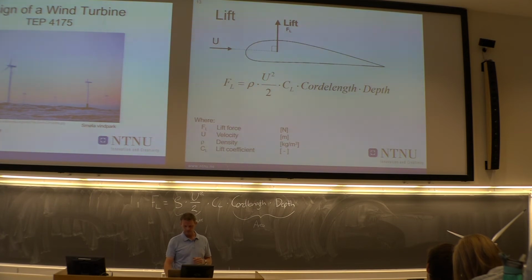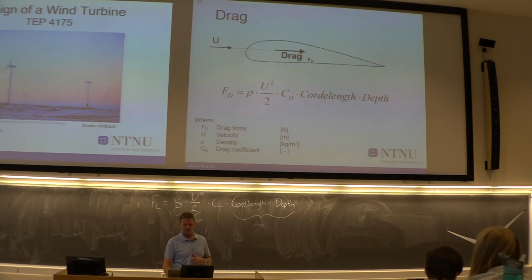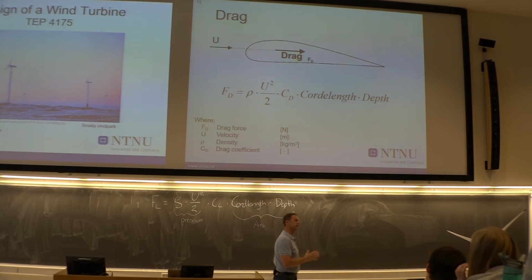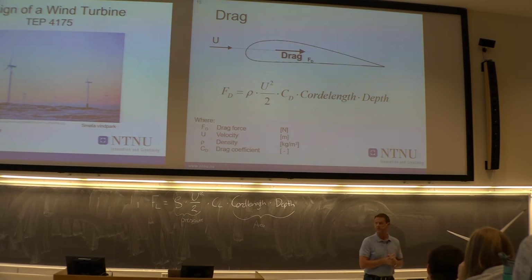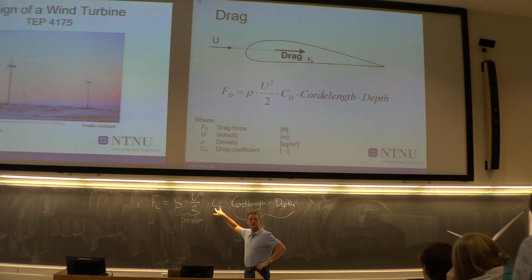Let's see, we have defined this. Here we have another line of lift relative to the angle of attack. The drag is defined exactly the same way. The only difference is that now we are changing the lift coefficient with the drag coefficient.